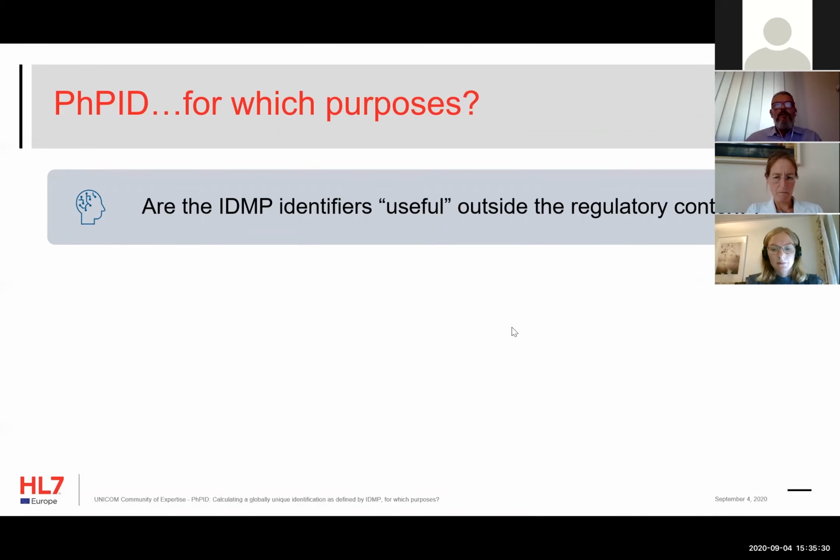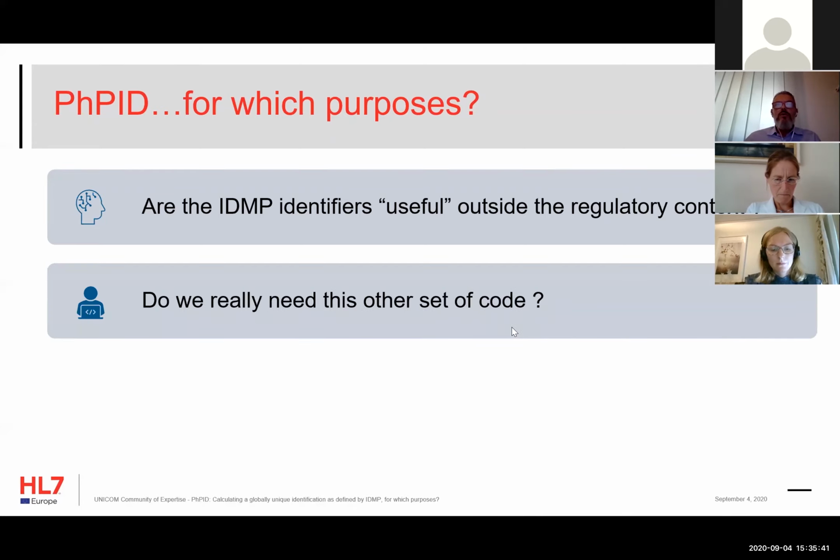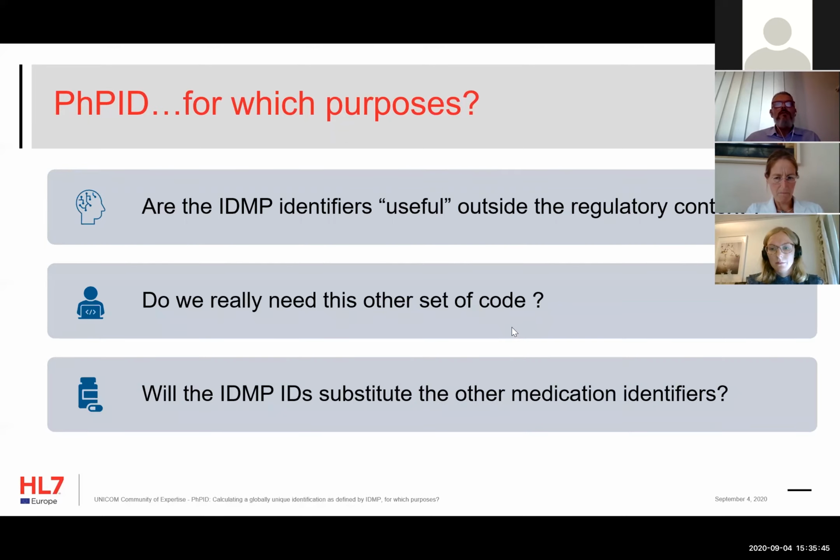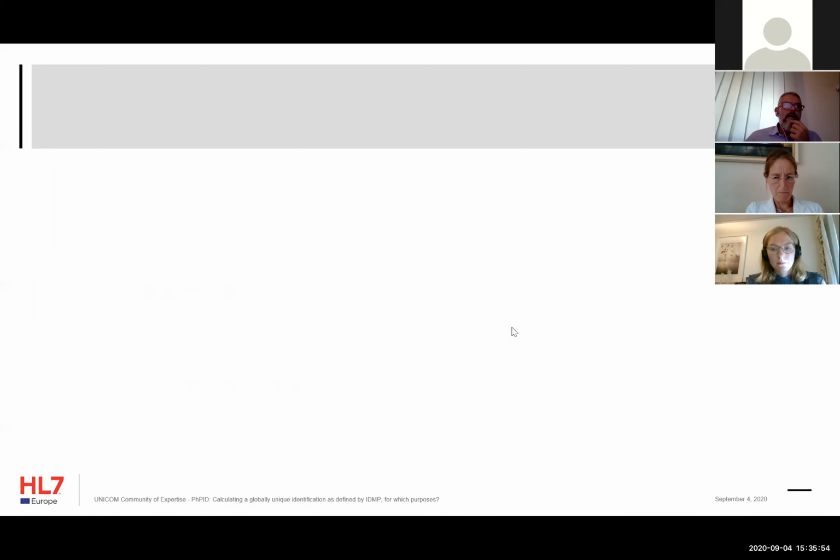The questions are, for example: are the IDMP identifiers useful outside the regulatory context? Next, do we really need this other set of codes outside the regulatory context? And will the IDMP substitute the other identifiers?